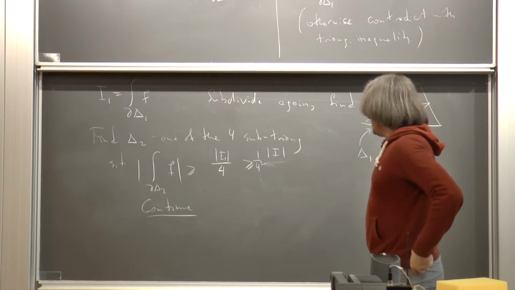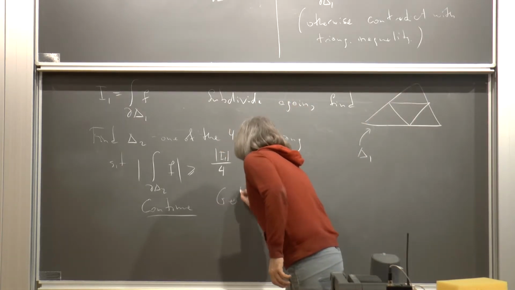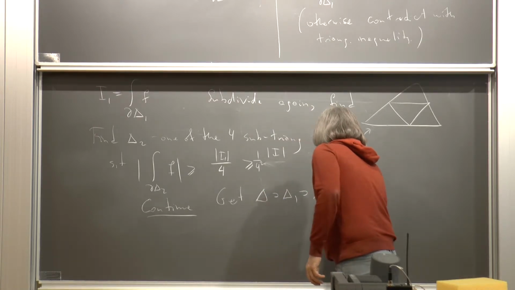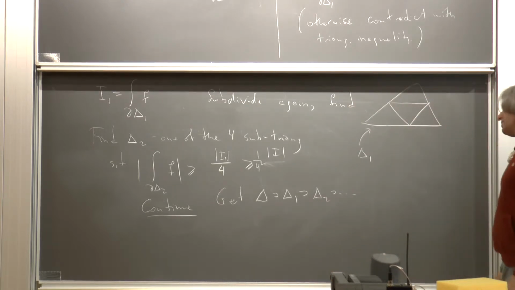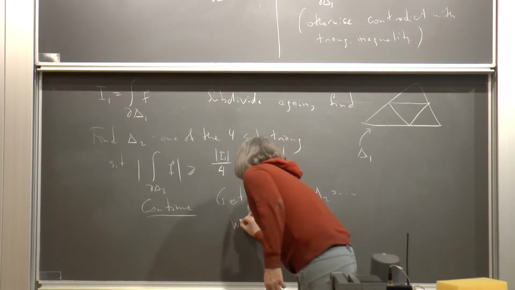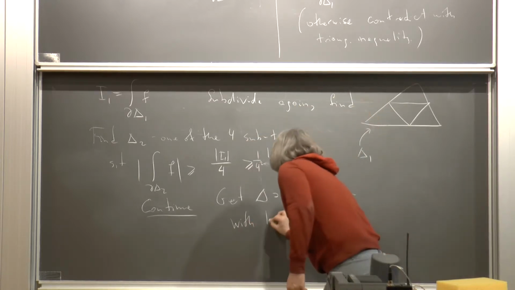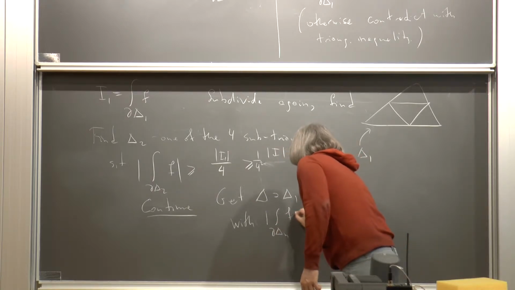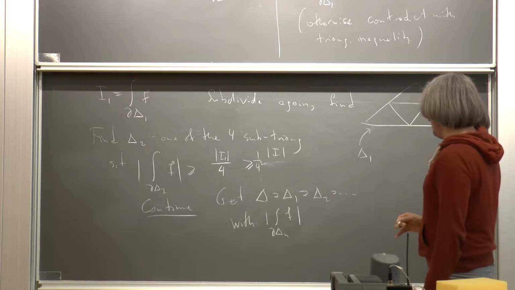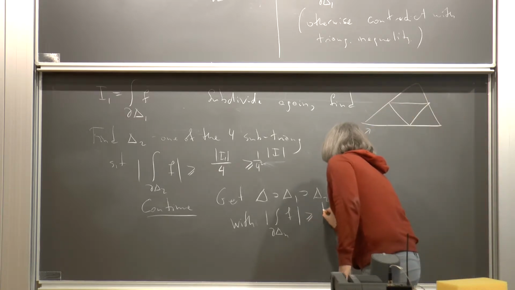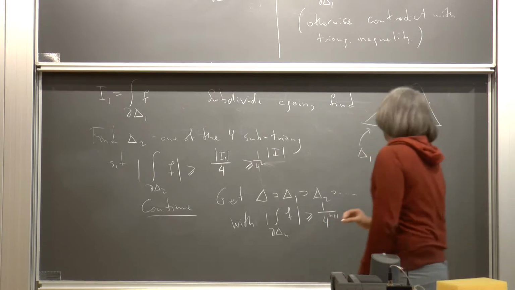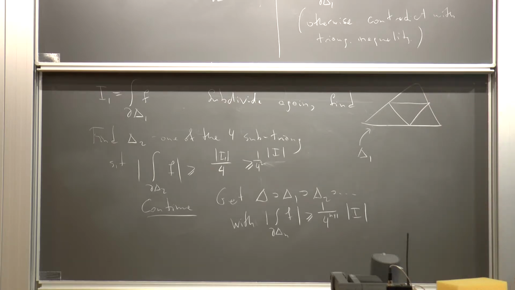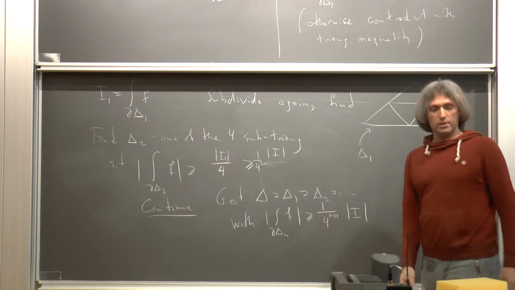So we'll get this sequence of triangles, delta containing delta 1, containing delta 2, and so on, getting smaller and smaller, with the absolute value of the integral over the boundary of delta n of f greater or equal than I over 4 to the n plus 1. Of course we plan to come to a contradiction.